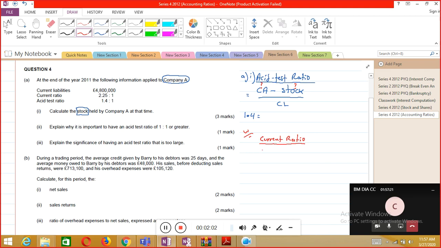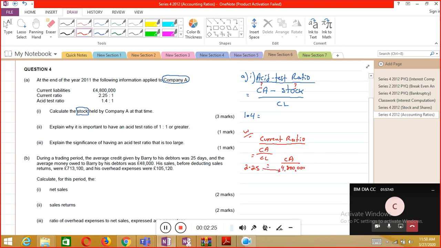Current ratio is CA over CL. The answer is already given, 2.25. We need to find the CA. CL is 4.8 million. So you guys know what to do, right?